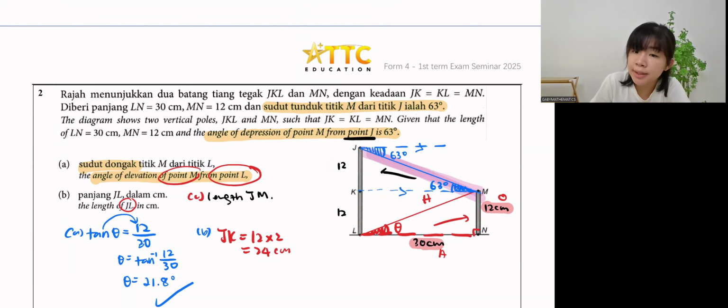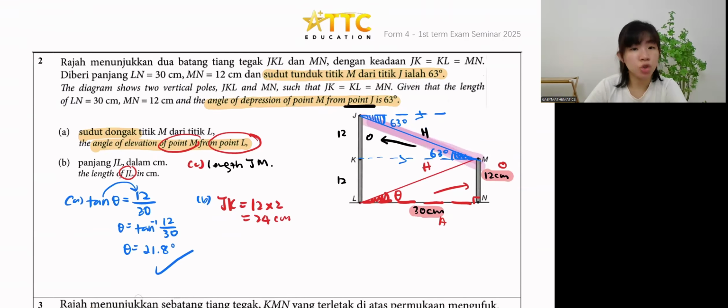Opposite of 63, this is called O. Then now I want to find JM, which is called H. OH. What should be the choice? If I want to use OH, OH is SOH. SOH means sine. Okay, sine 63 equal O is 12. H is JM.